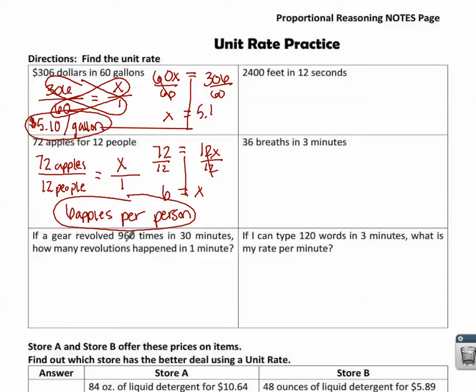If a gear revolved 960 times in 30 minutes, how many revolutions happen in 1 minute? Okay, so same thing. Left to right, 960 came first. So 960 times every 30 minutes.